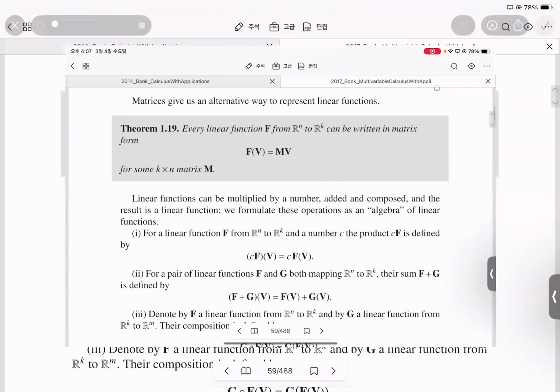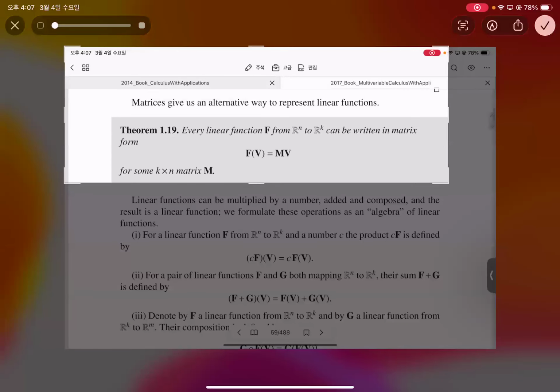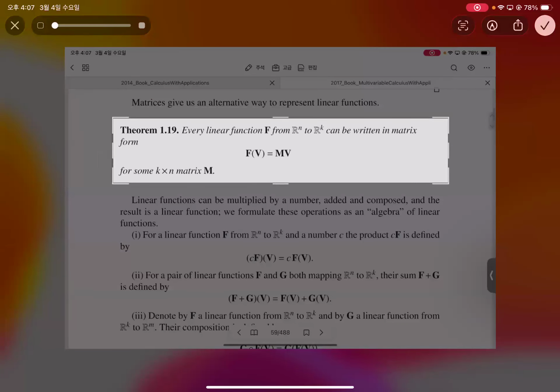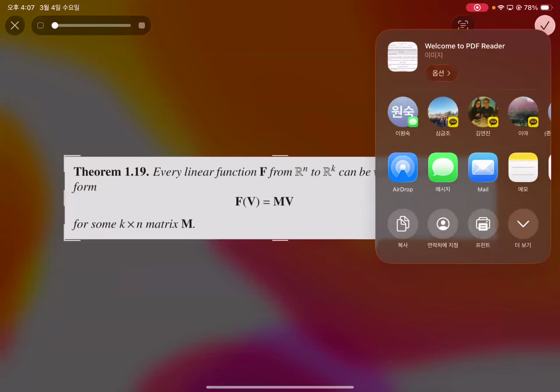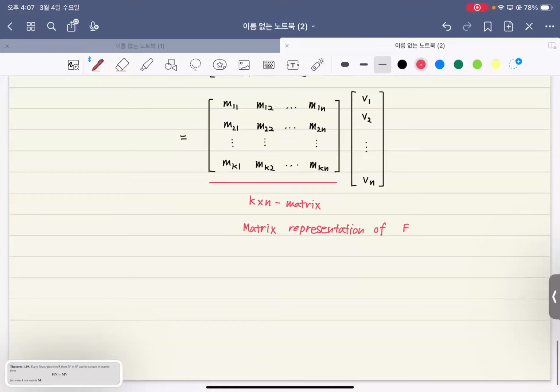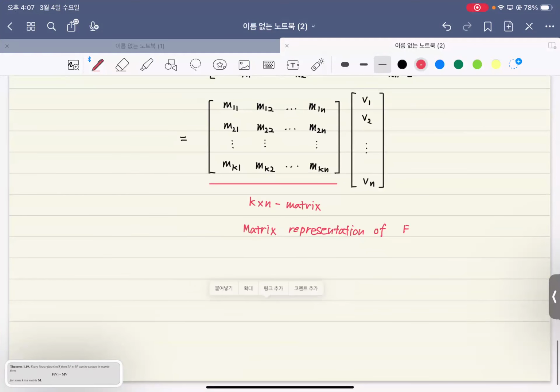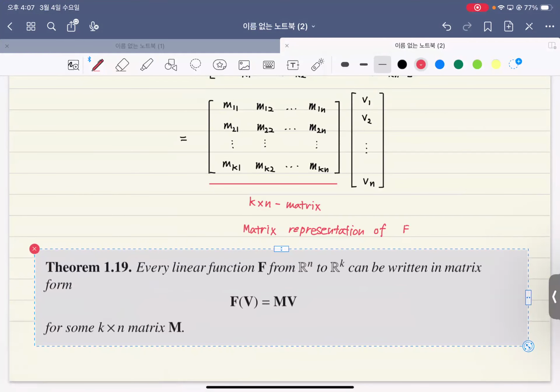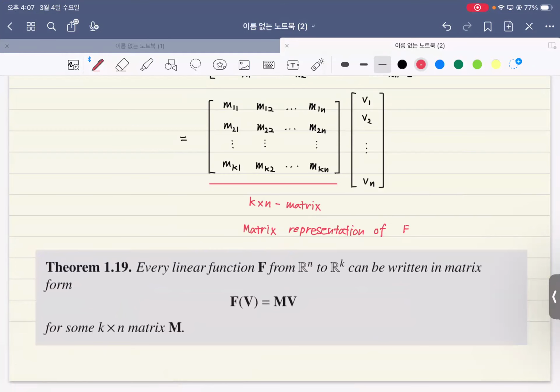All right. So I want to end the discussion by introducing Theorem 1.19. And it goes like this. Every linear function from Rn to Rk can be represented in matrix form by some k by n matrix.